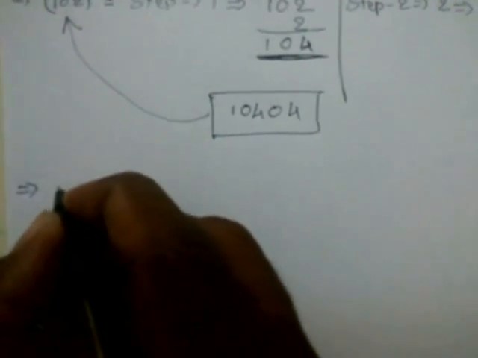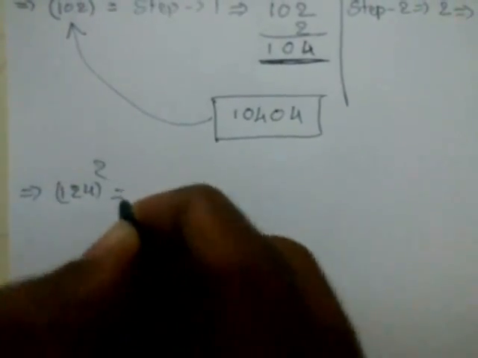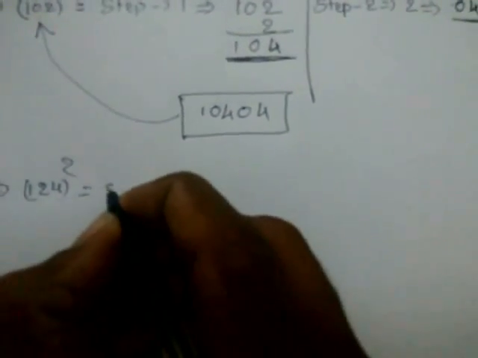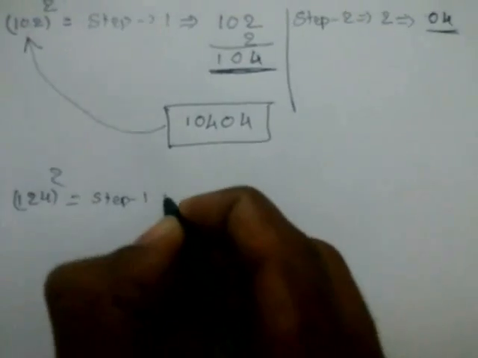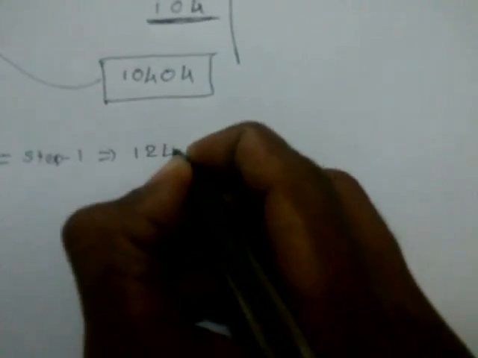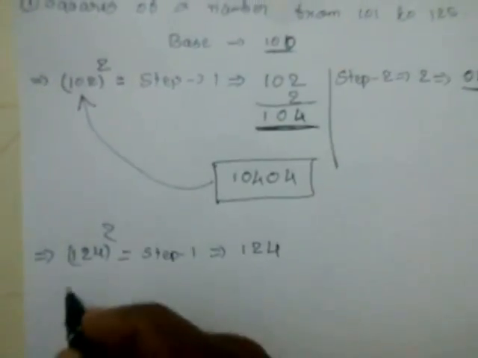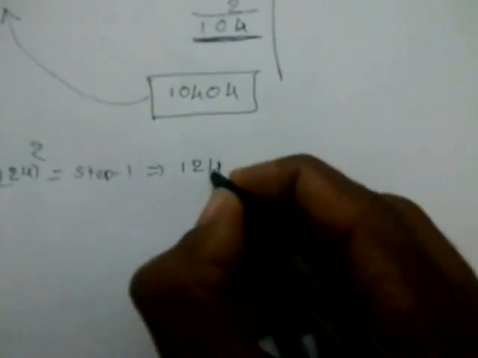Okay, let's take another example. That's 124 square. Similar steps. In step 1, we will put 124 as it is, and we will find the difference between 124 and the base 100. It's 24.